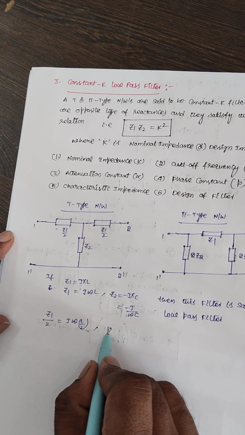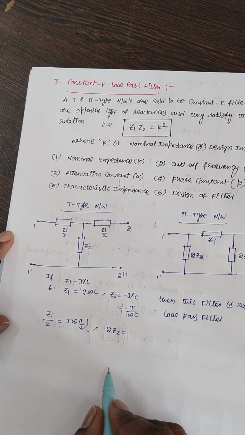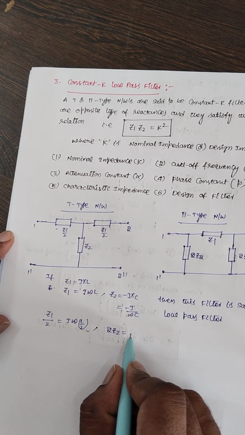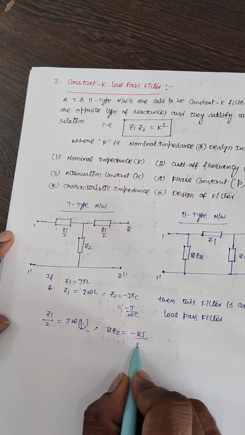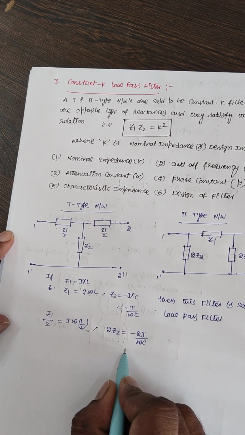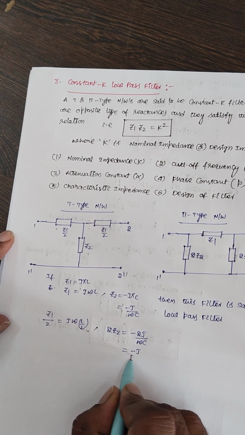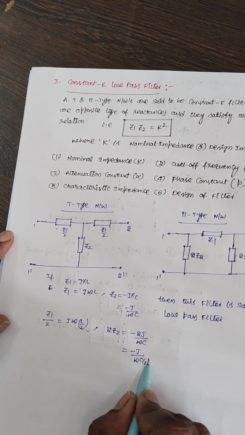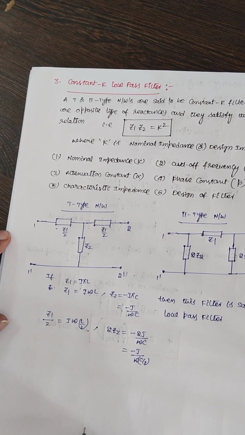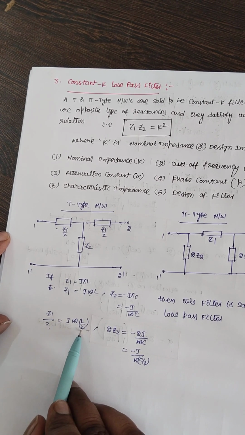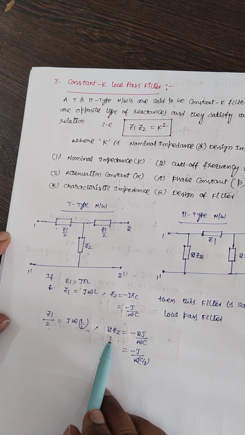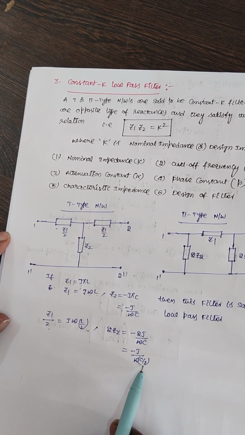Next, 2Z2 is equal to minus 2J by omega C. I can write it as minus J divided by omega C by 2. So what I mean to say here is, if the impedance is half, inductance will become half. If the impedance is double, then the capacitance will become half. That we have to understand here.